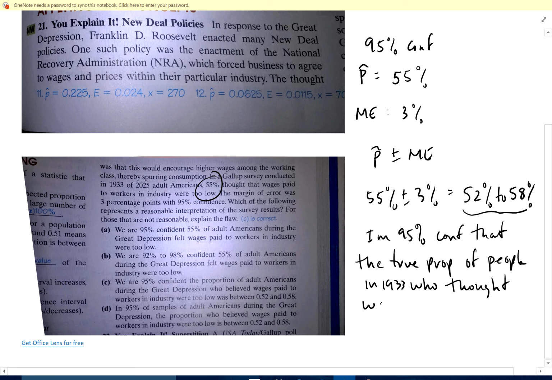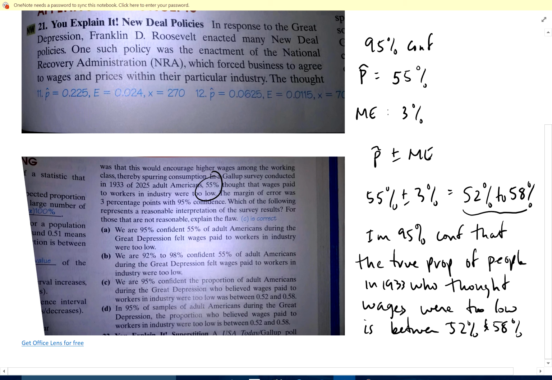Who thought wages were too low, is between 52% and 58%. And if you read through these, let's see which one it is.